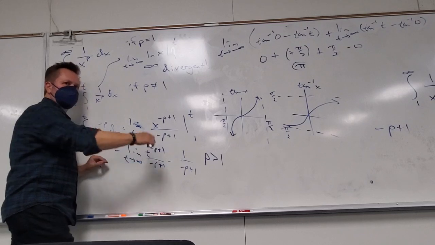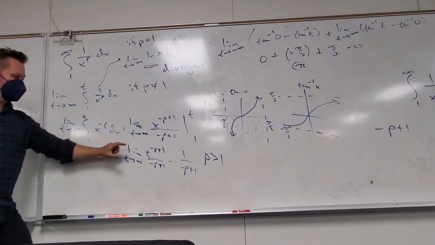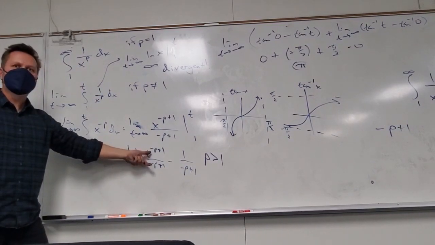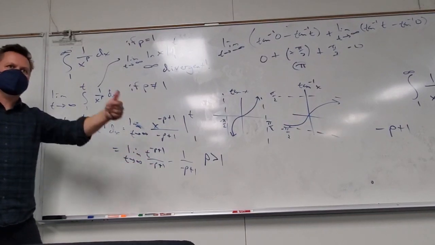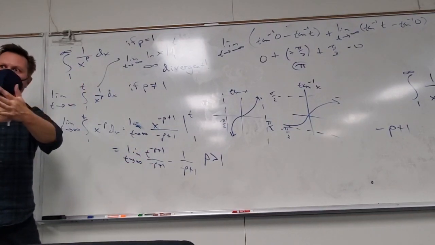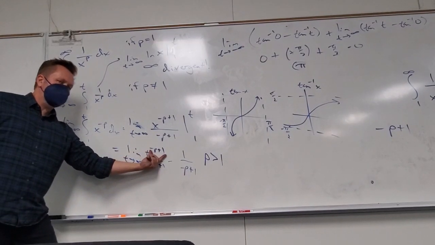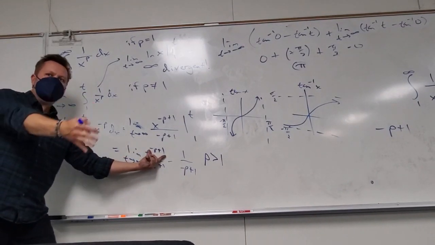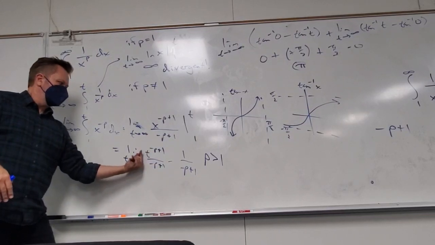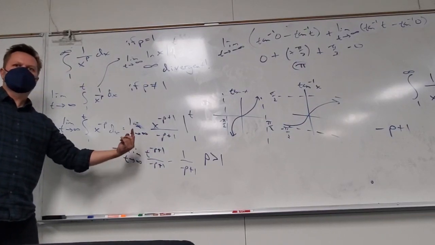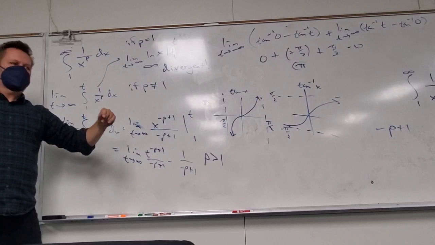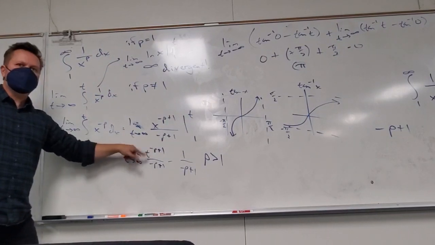Negative 2 plus 1 is negative 1, so it becomes 1 over t, and when I plug infinity in, that's 0. That would converge. So if p makes this power 0 or positive, this is going to diverge. It's going to become infinity. So only if p is greater than 1 will this converge.